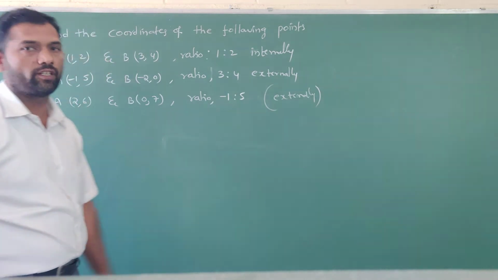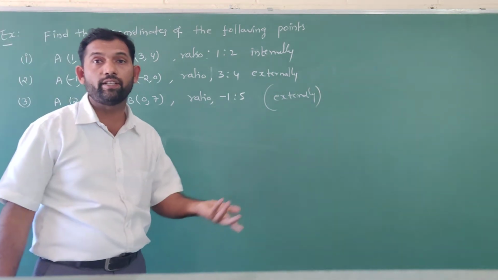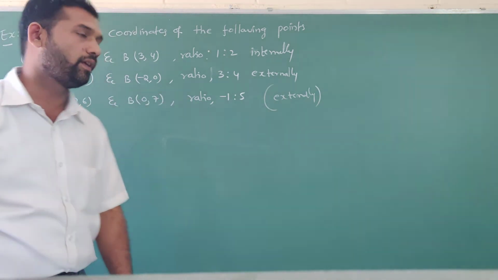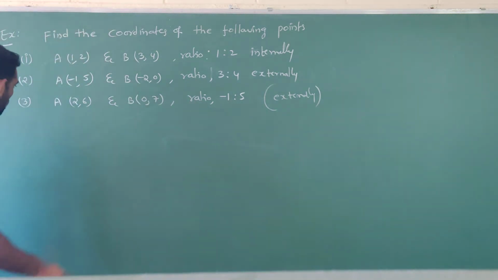They won't mention it sometimes, so you have to identify. So if minus is given in the ratio, it means the ratio should be external.